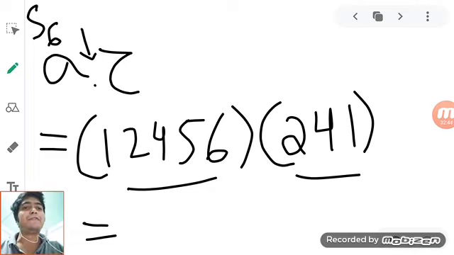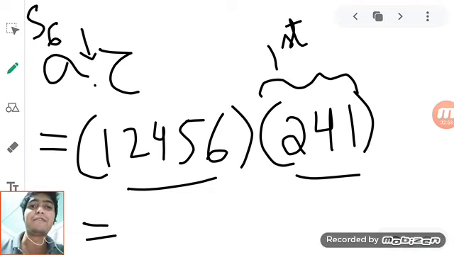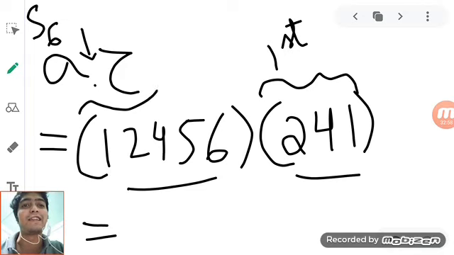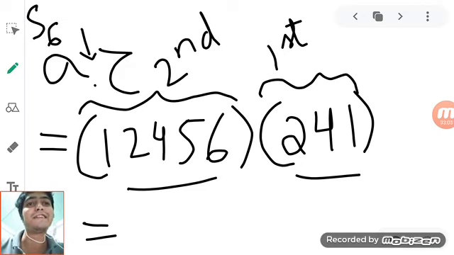So how will we do it? Just see how many cycles we have. I will say that this one, (1 2), is the first cycle, even though we are writing it on the right towards the end. And I will say that this one is the second cycle. There is a reason why I am saying that the one I've written at the end is the first cycle and the one I've written in the beginning is the second cycle.